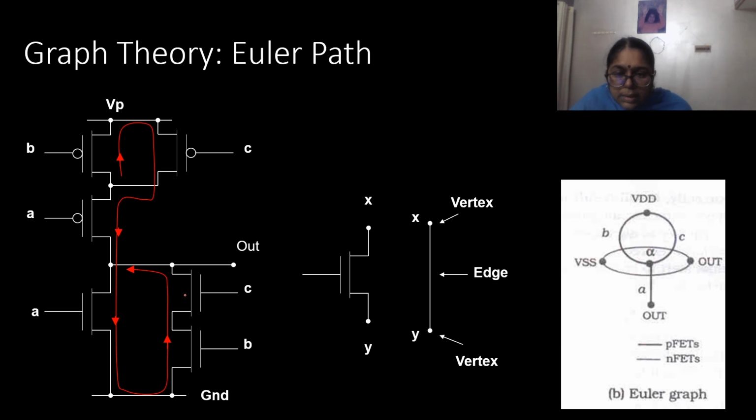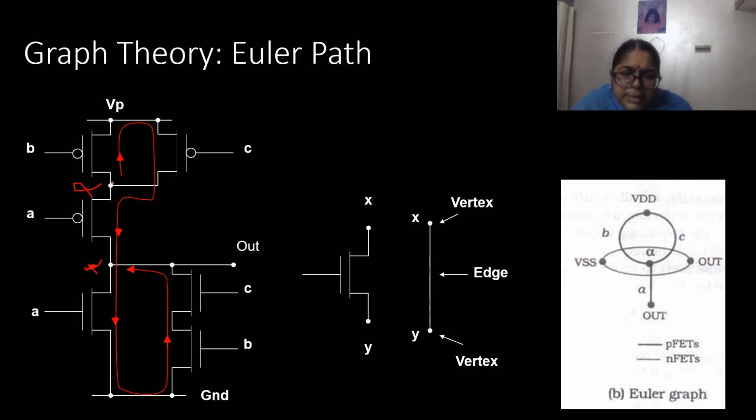When we draw the Euler path, each transistor is converted into an edge like this. X and Y are indicated. Now in the PMOS part, you have the VDD connection, and here alpha is this portion.